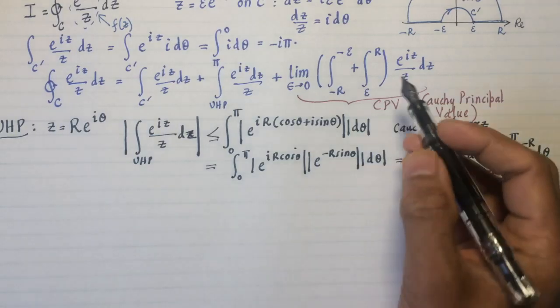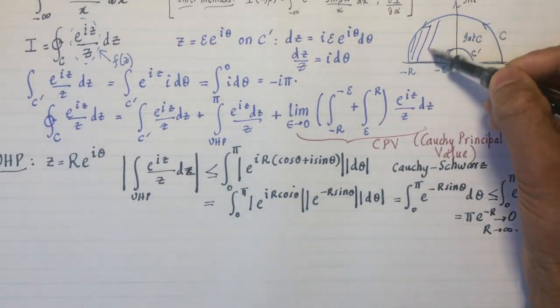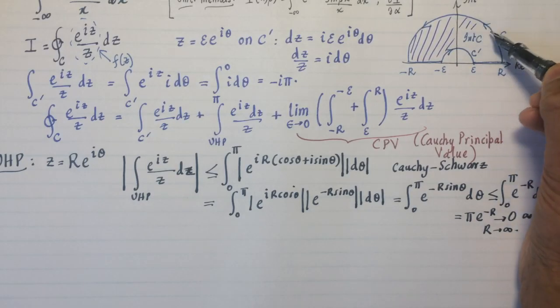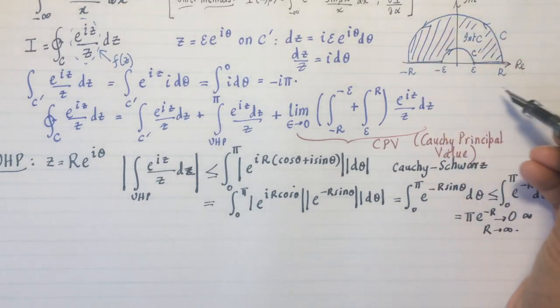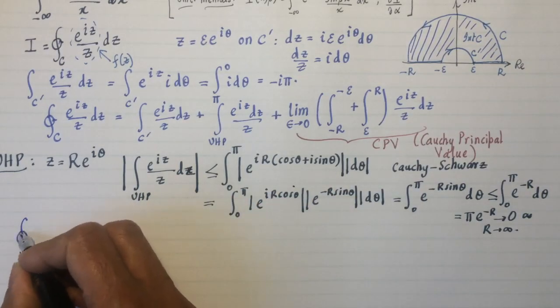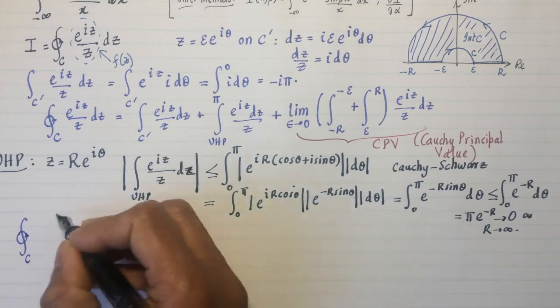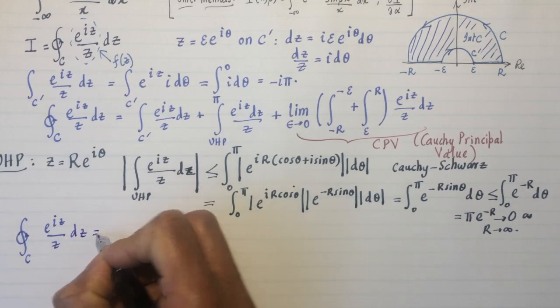Now, I've already told you beforehand that the value of the integral in the interior of C, because the interior of C is free of any poles, the total integral is going to be 0. So the total integral over C of e to the iz over z dz equals 0.